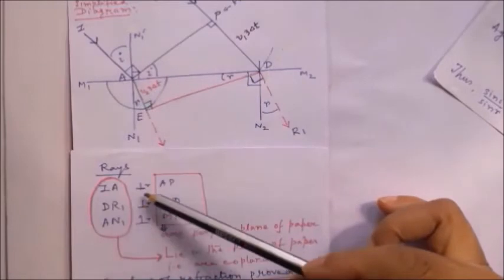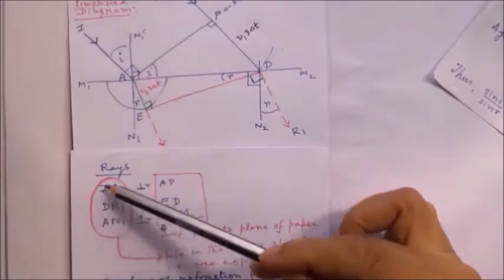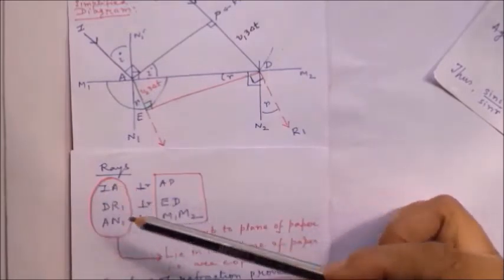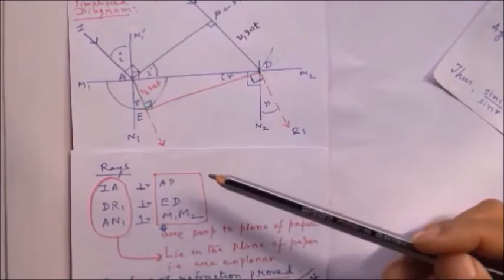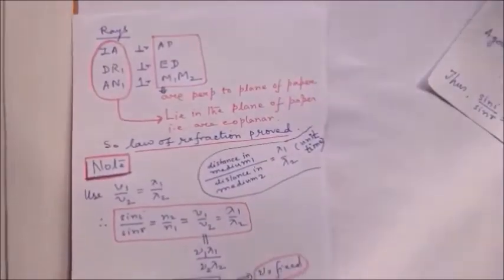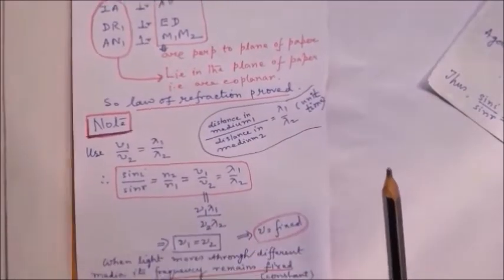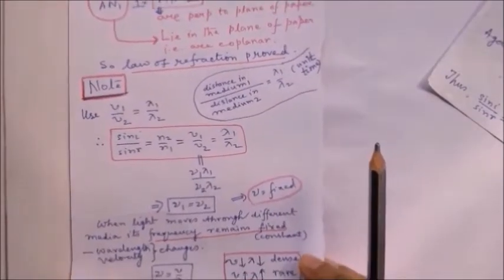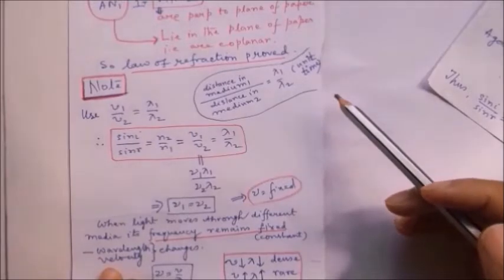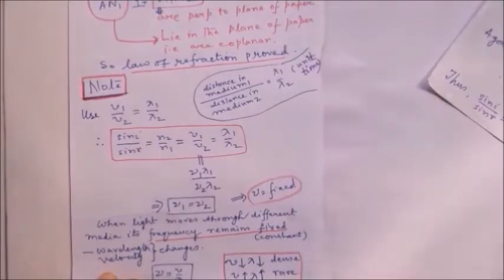Since this set is perpendicular to all of these, they are also coplanar. So this proves the first law of refraction. It follows that we have been able to derive the law of refraction starting from Huygens principle.